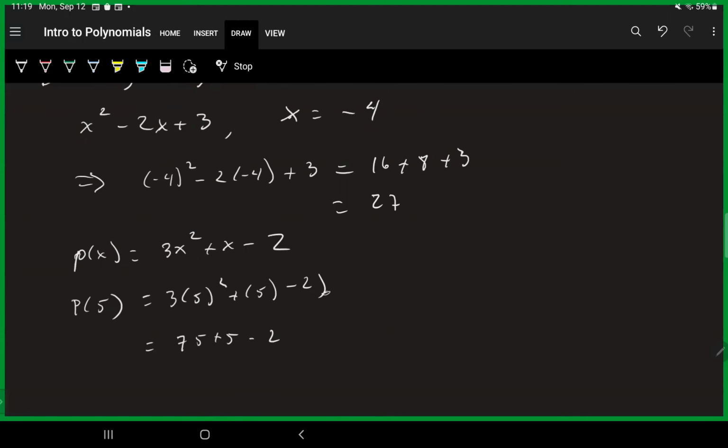I didn't need a parenthesis there. I don't know why I put that. And I follow the order of operations, and that allows me to get 78. So p of 5 in this case is 78.